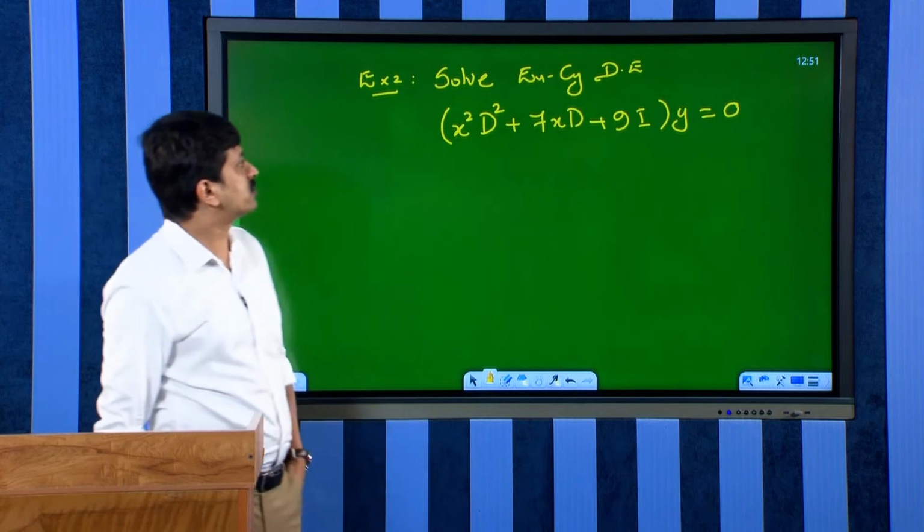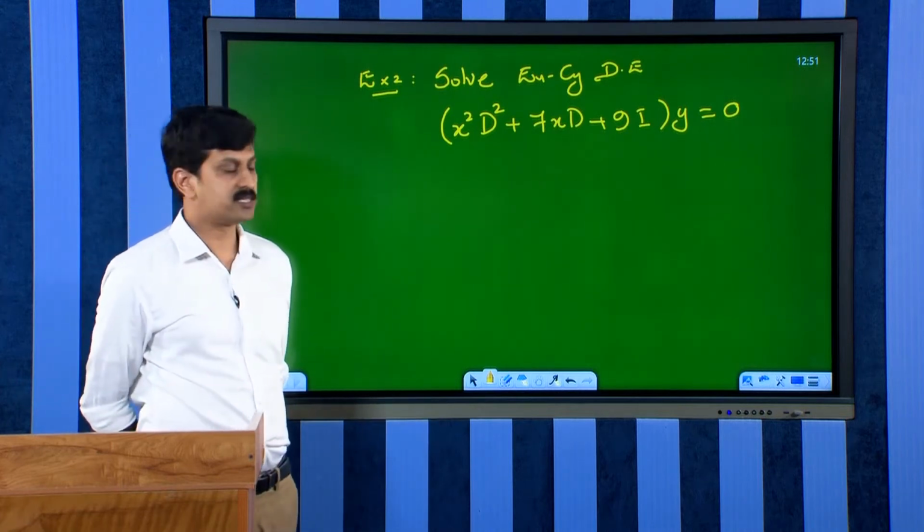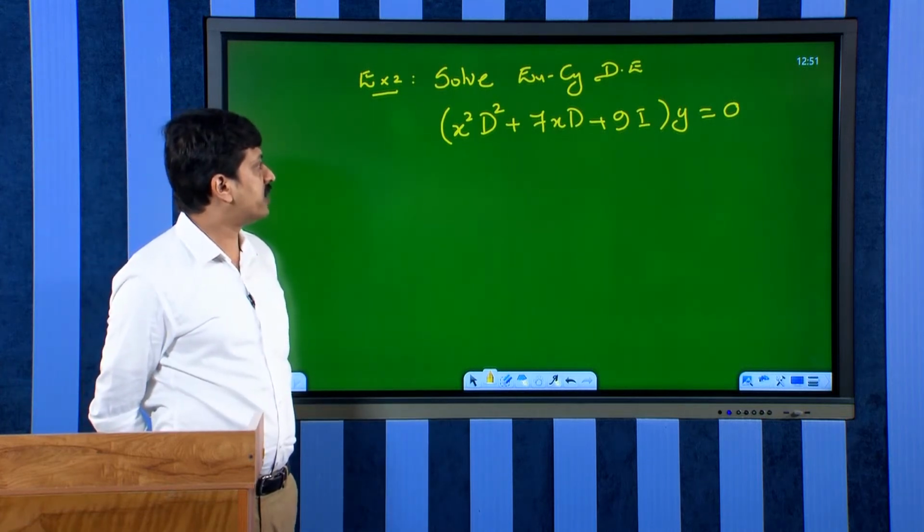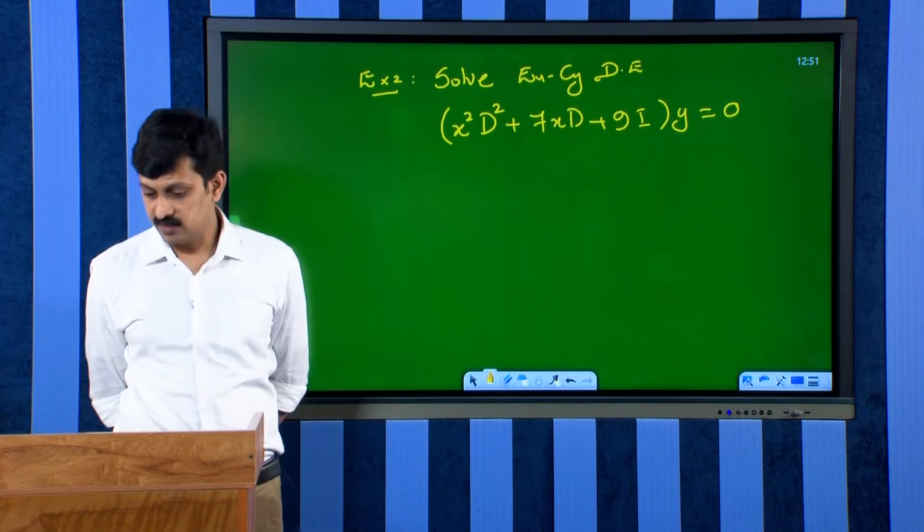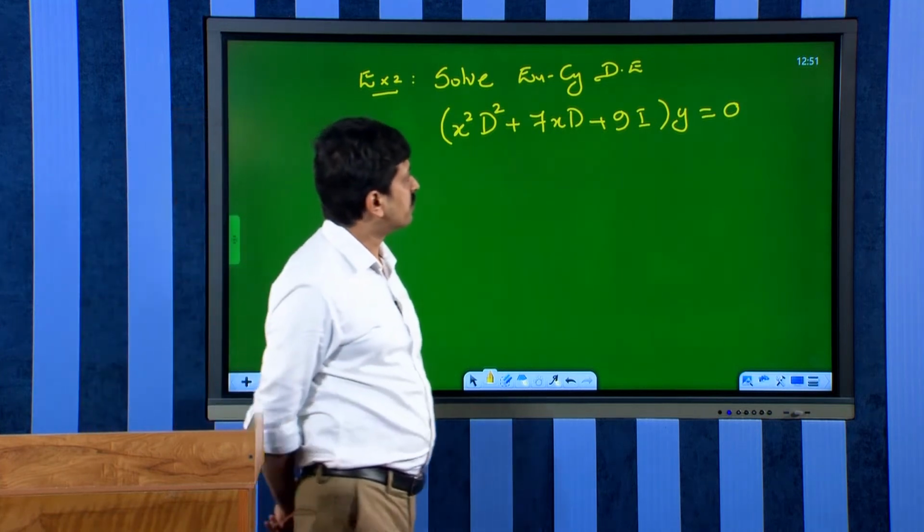See, here we use the differential operators: x square d square plus 7 x d plus 9 y is equal to 0.